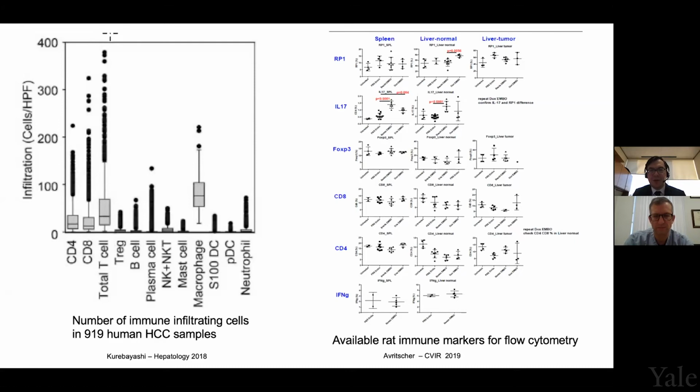IL-17 is an important cytokine that can have tumorigenic or anti-tumor effects depending on the context of the environment. So this is just a broad look at the different types of cells that could be present in the tumor microenvironment.